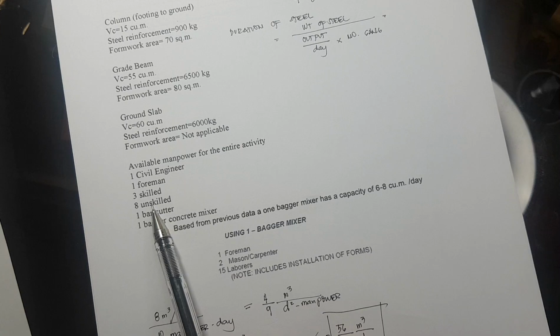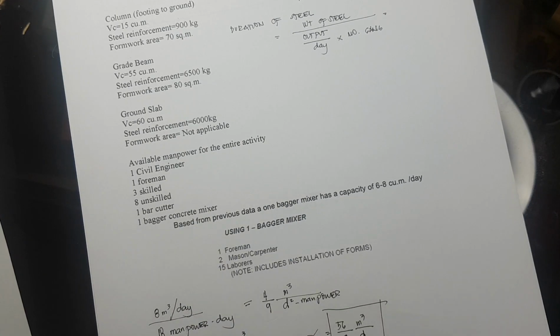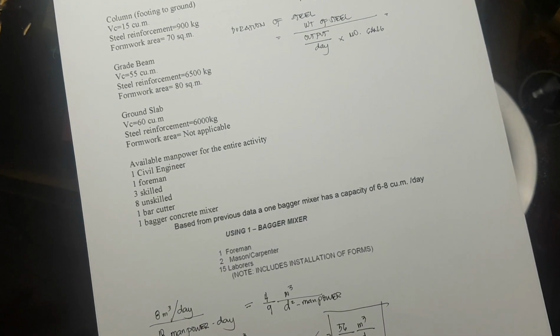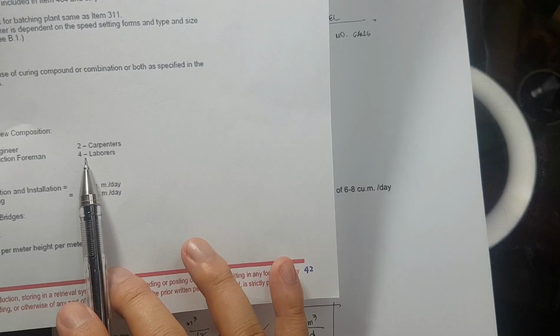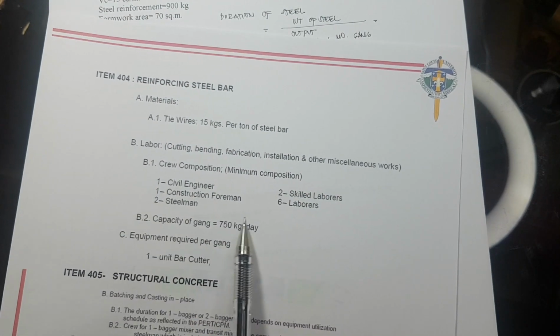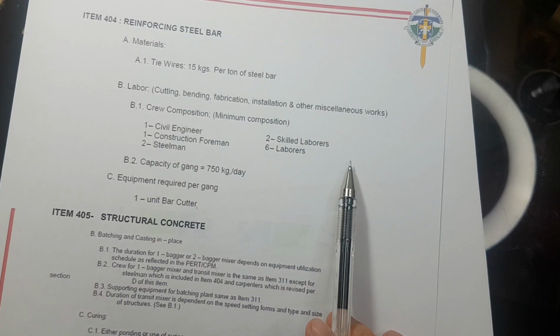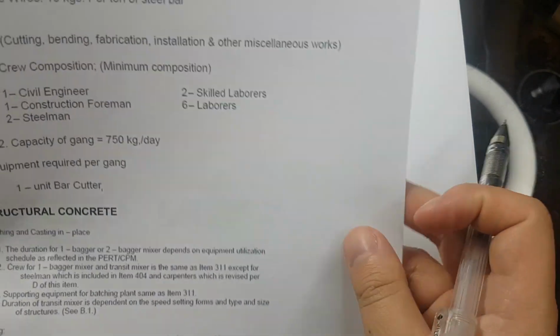Okay? So, let's get the proportion. So, 2, ay mali yung tinitingnan natin kanina. This is, at pwede, tama. Formworks pala ito, sorry. So, we have here the skilled.